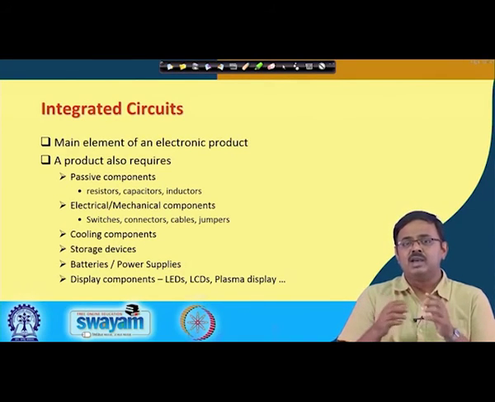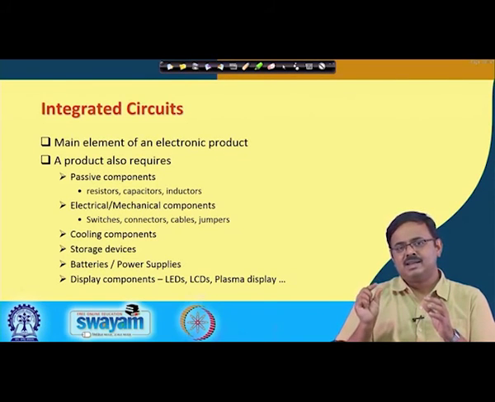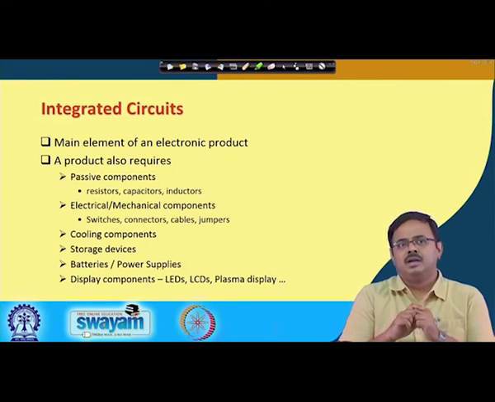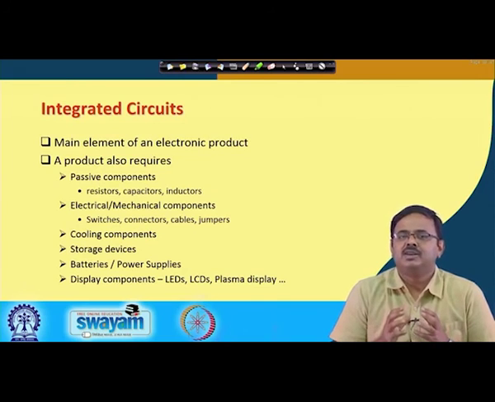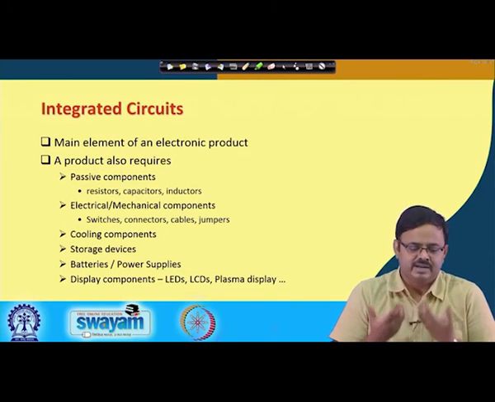I will try to spell them out as much as possible, but if I am using these different terms in parallel, please be assured that, unless otherwise stated, they all mean this silicon device with integrated circuits inside. Okay. All right. So, the main element in an electronic product is the microchip with the integrated circuit.